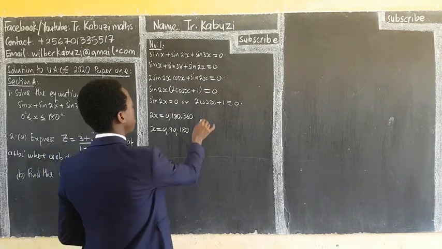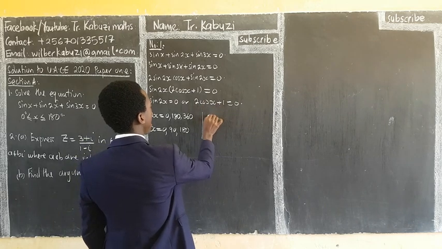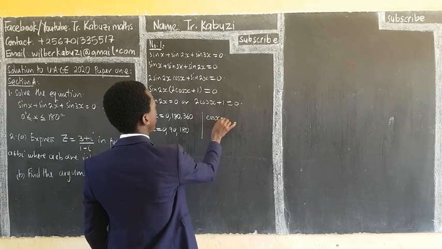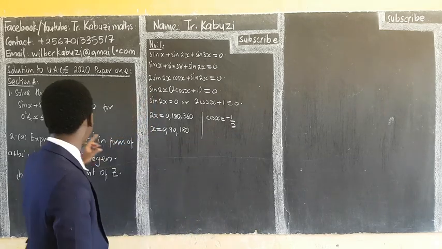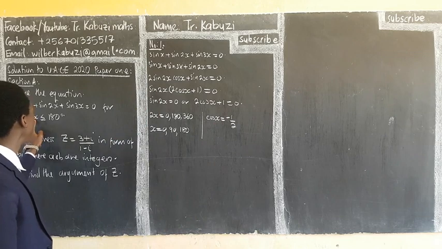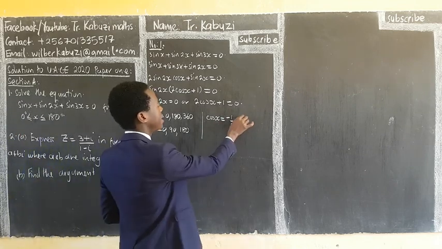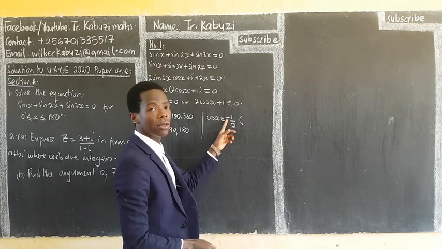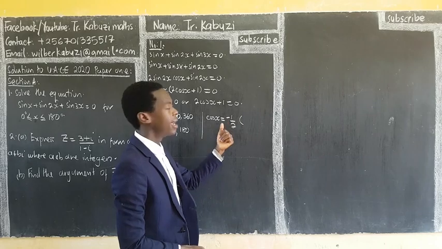Now, when I handle this one here, I have cos x equaling negative a half. Now this is x and this one is x, so we are going to use this way. But when you see it is negative, cos is negative in the second and the third quadrant.